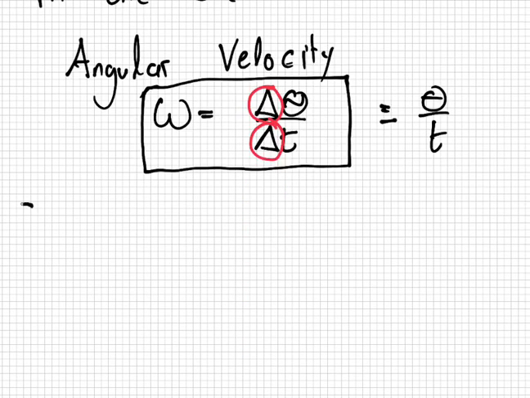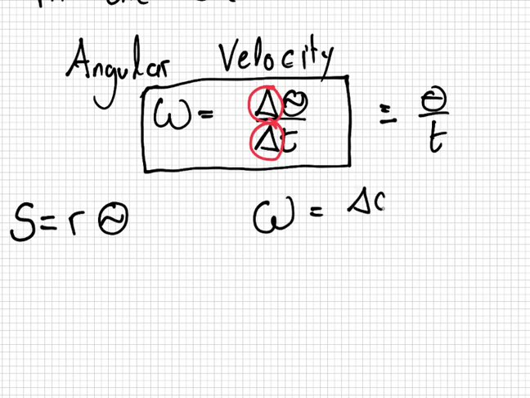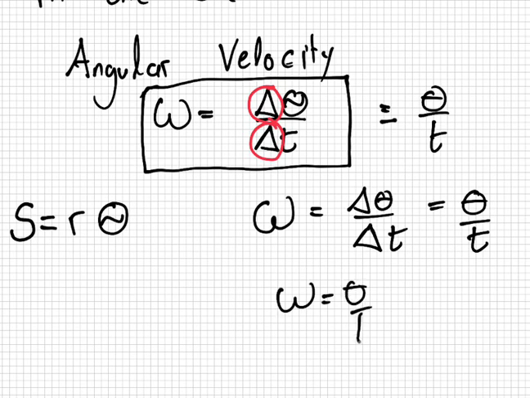We have distance equals r theta, and angular velocity equals theta over time, like that. Now if you want, you can write it like this. That's okay. That's fine too. It's perfectly fine. So we have 2. We have this one, and then we have this one.